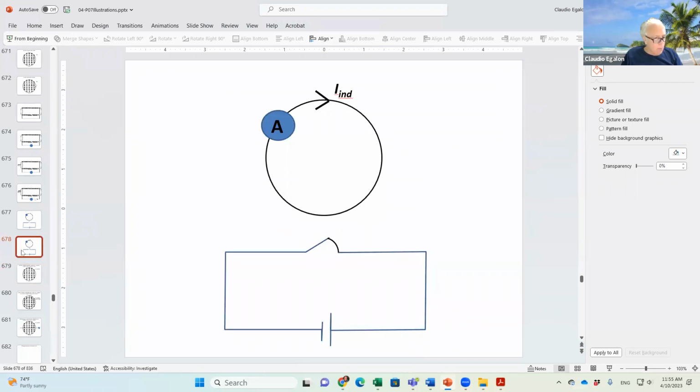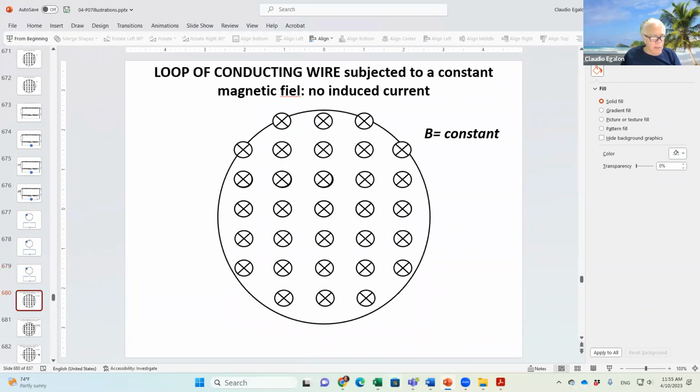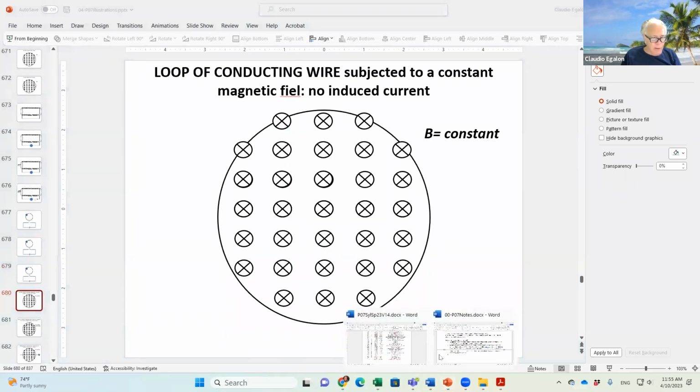After some time, the induced current goes to 0. You still have a current flowing here; it achieves a steady state value, which is constant in time. We still have a magnetic field, but it is no longer changing, so it's no longer inducing the current.